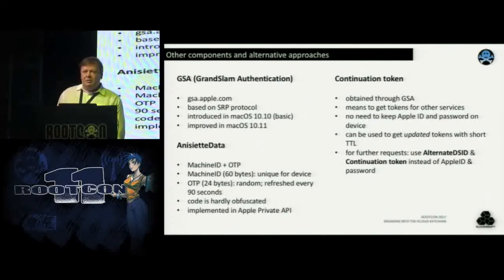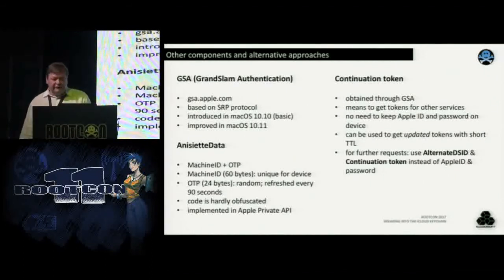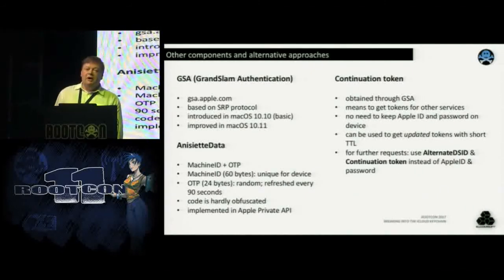Obviously, everything is different there. But using the GSA authentication, you get a different type of token that still allows access to all the other data in the iCloud, such as iCloud backups, iCloud media library, the sync data, and files from the iCloud, right? But it also allows access to the data in the iCloud keychain.